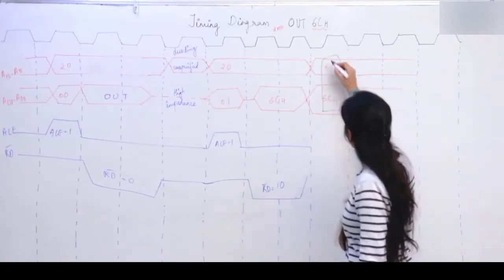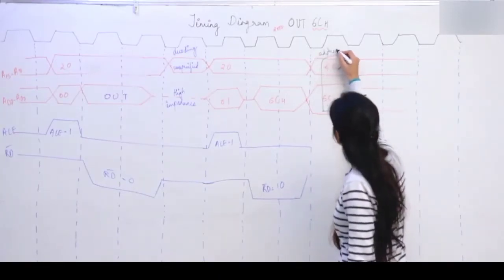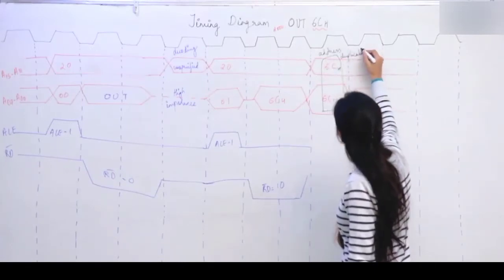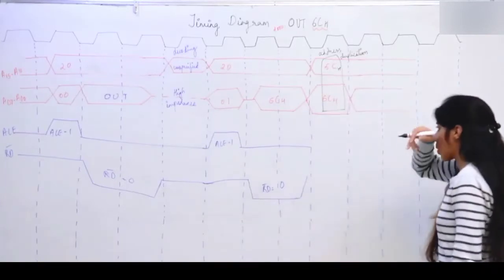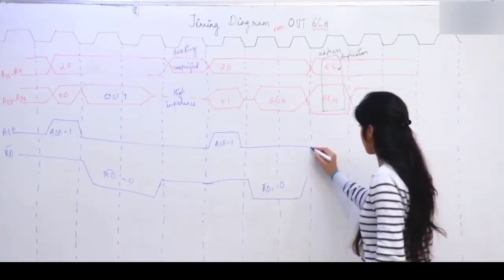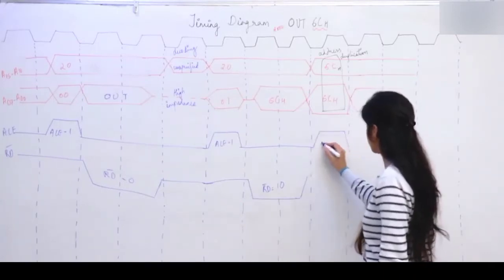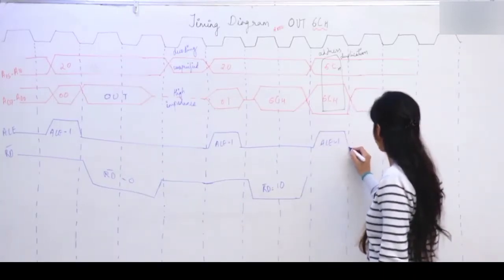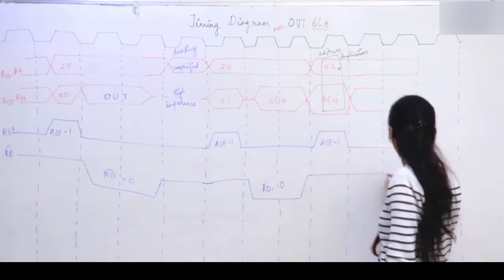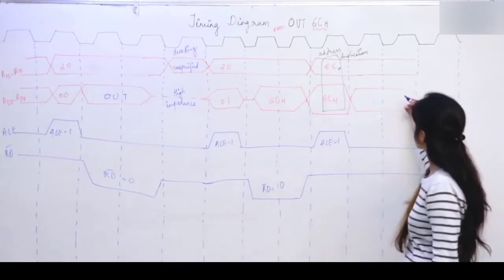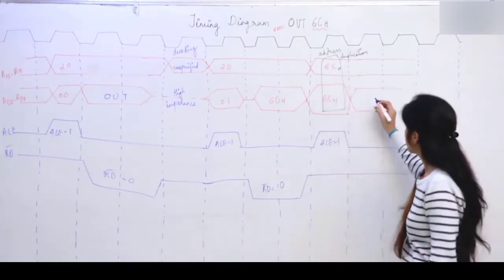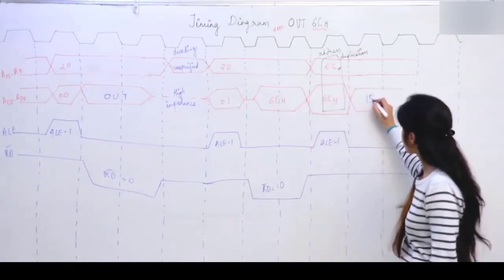This is an important and very innovative concept of 8085. This is known as address duplication. Okay, fine. So now I have got the address. ALE is again made 1, of course. Now suppose the contents of the accumulator or anything that you wanted to output, let us suppose it was 15.